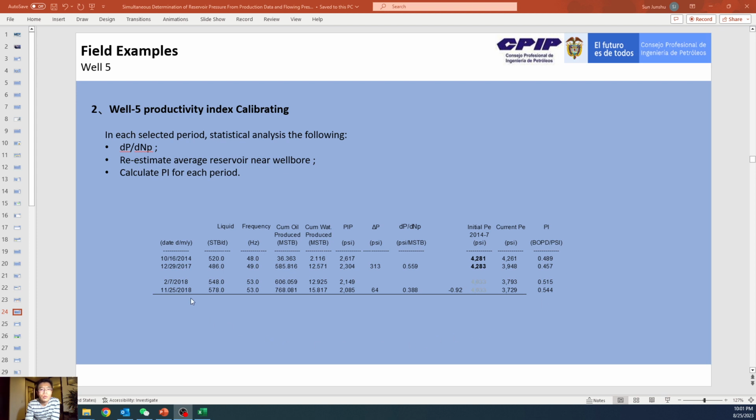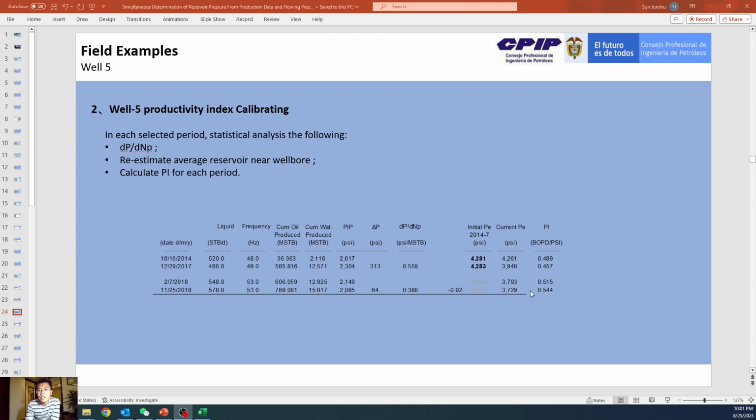In February and November 2018, the delta P is 64 psi. dP per dNP is 0.388 psi per 1,000 barrels.